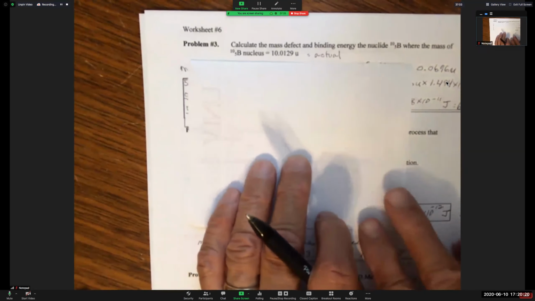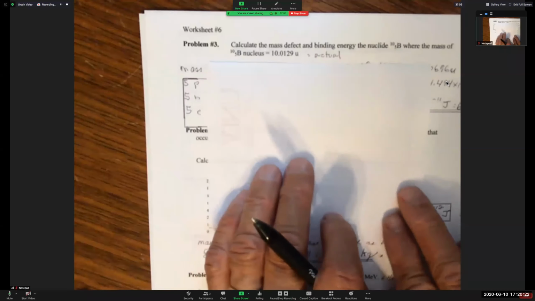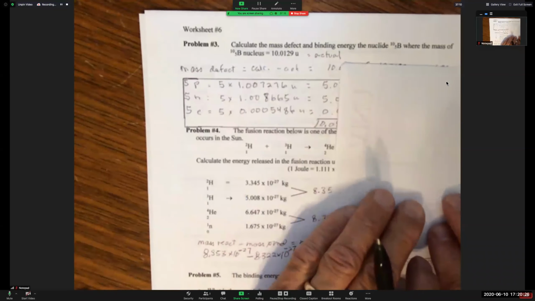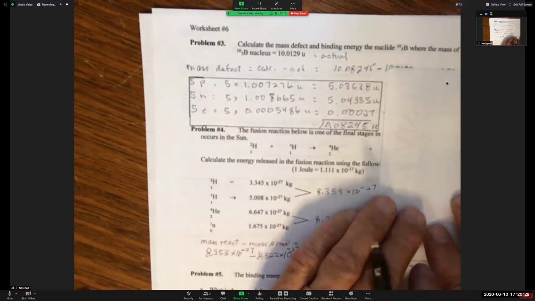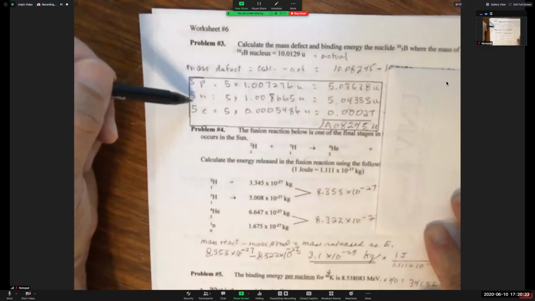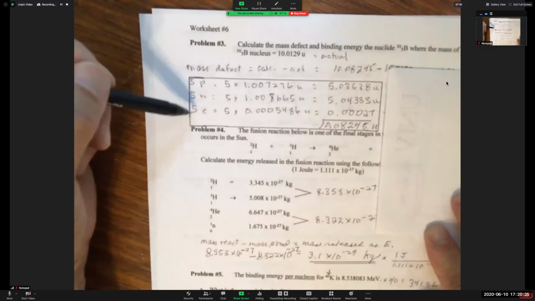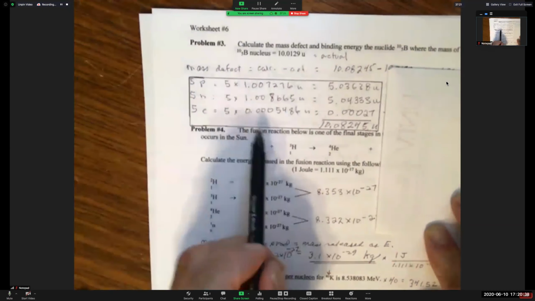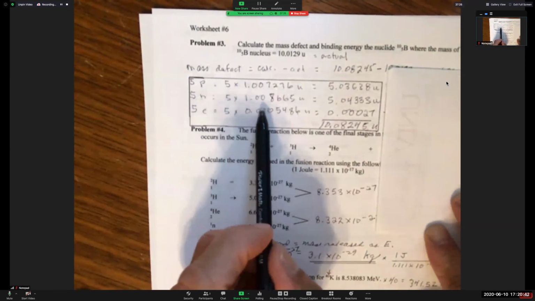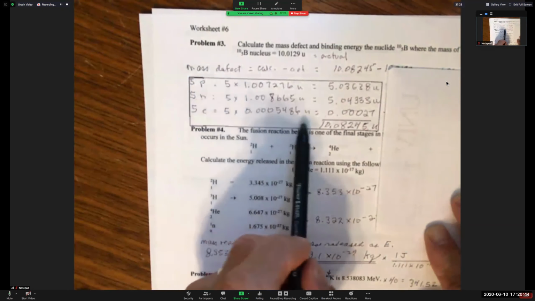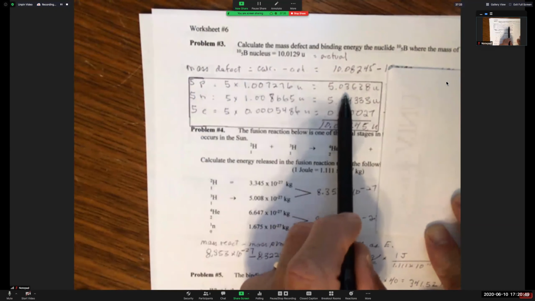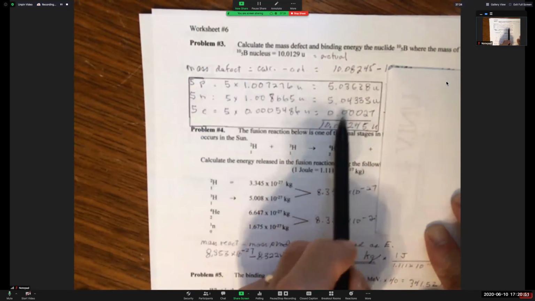So what we need to do to calculate this mass defect is to add up all of the masses of all the subatomic particles, and that's shown in this box. So for boron-10, we have 5 protons, 5 neutrons, and 5 electrons. So we just take 5 times the masses of each of those subatomic particles. And it looks like we calculated those accurately.